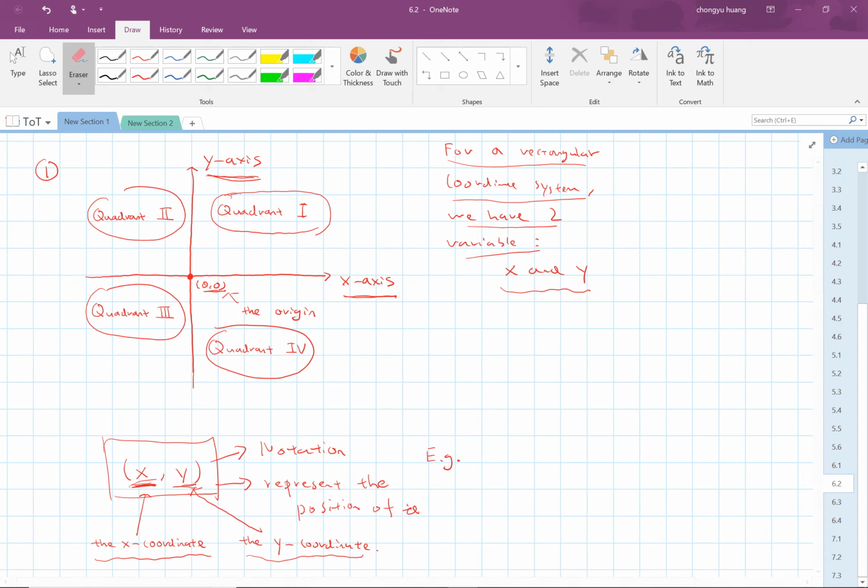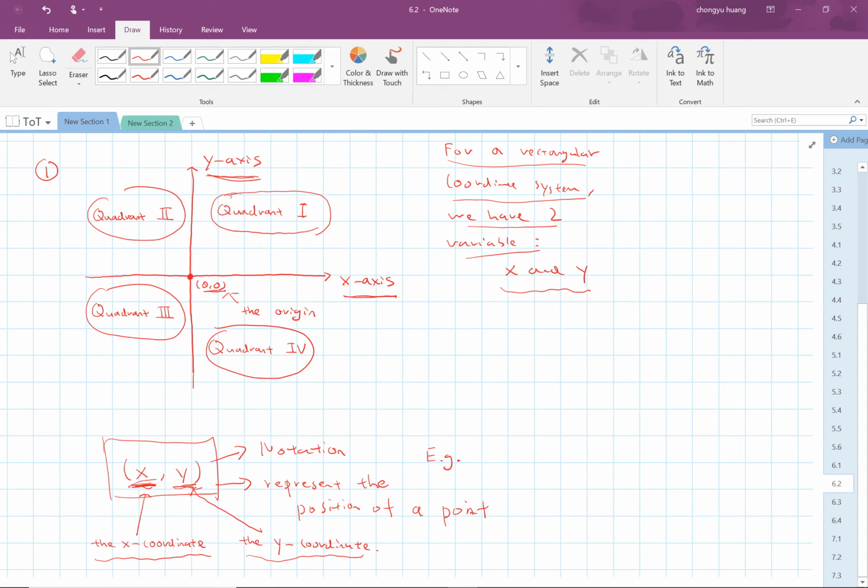This is some basic stuff you have to know. This is a notation, and this notation has two parts, x and then y. x represents the x-coordinate, and y represents the y-coordinate.